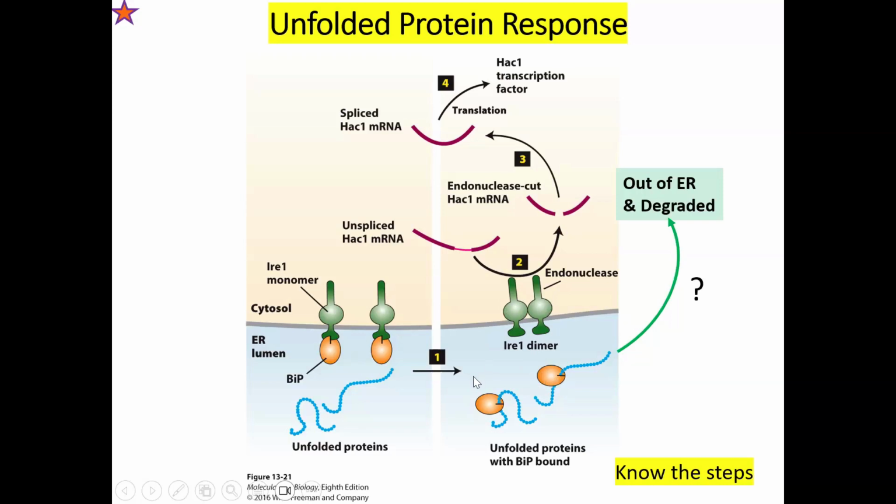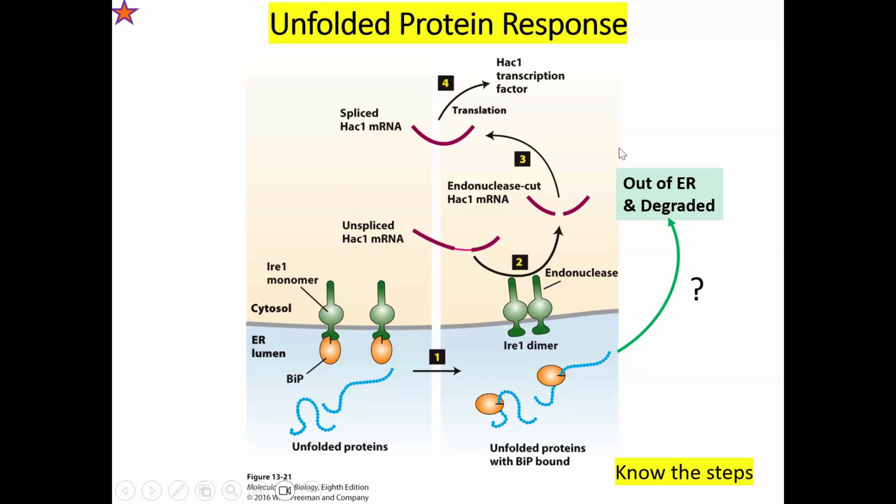Now remember that this is entirely different from the BIP which has a different function of preventing the backsliding. That's a different story. So the two are entirely different parts. Here BIP is helping to dimerize the IRE to make it active, so the endonuclease activity actually works.